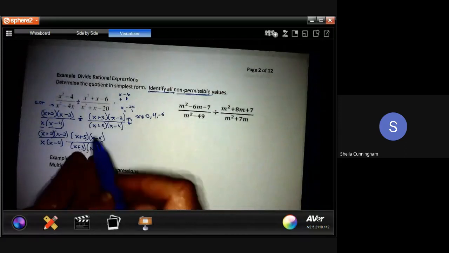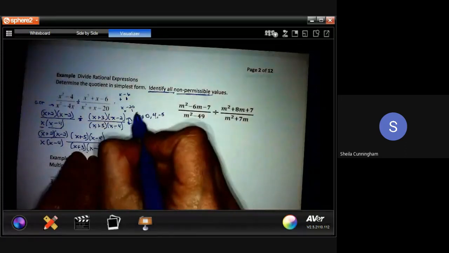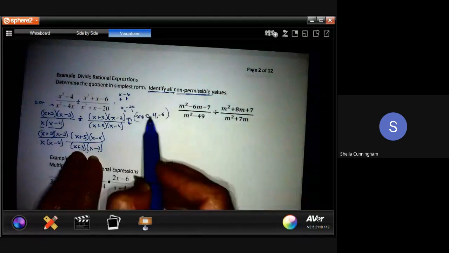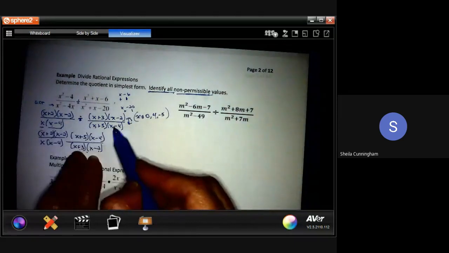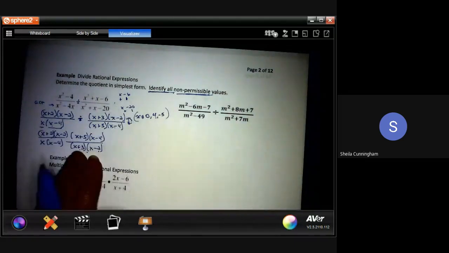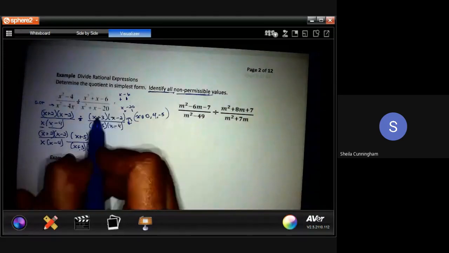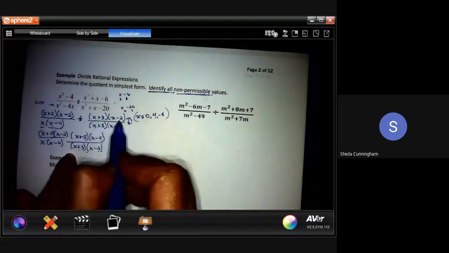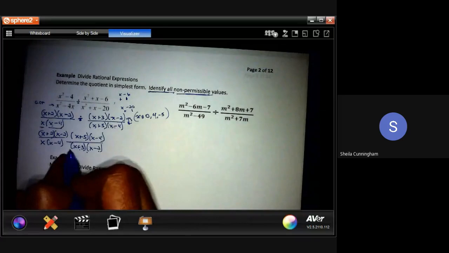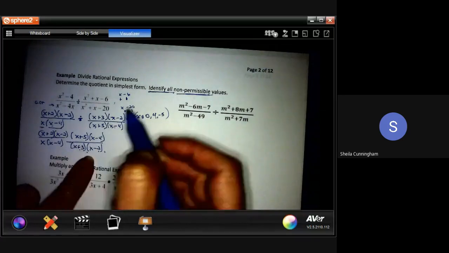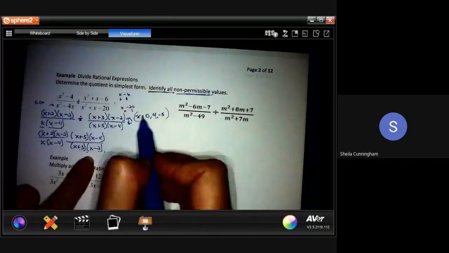So I talked about non-permissible values as being these ones that we did before we flipped it. We also have to take into consideration that second rational expression that we flip. The numerator also has to come into play for our non-permissibles.